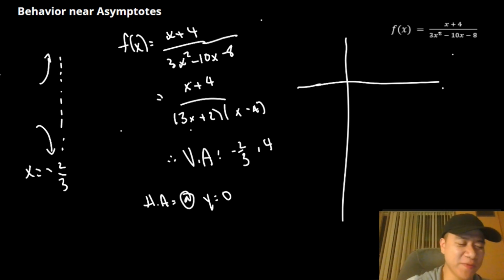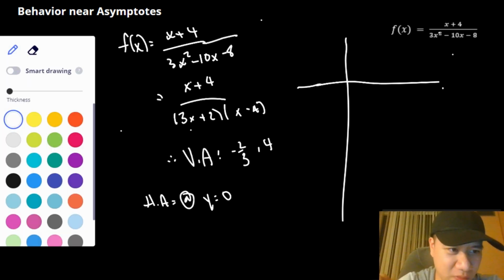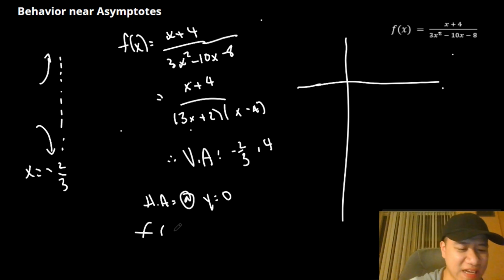That's all the information we need, because we know it's either going to shoot up towards positive infinity, or down towards negative infinity. So all we need to do is figure out if our function is positive or negative around that point. So let's do it. If we substitute a point near negative 2/3, let's say negative 0.7.